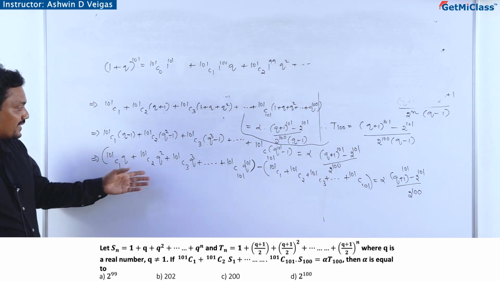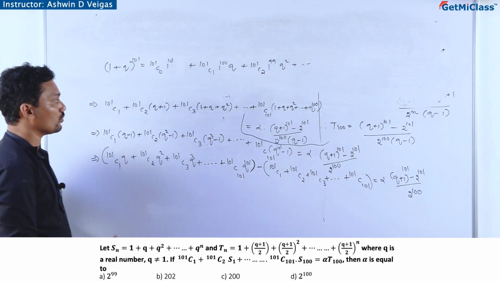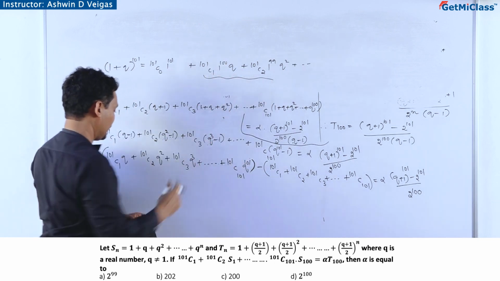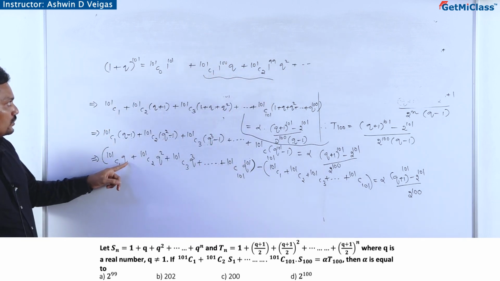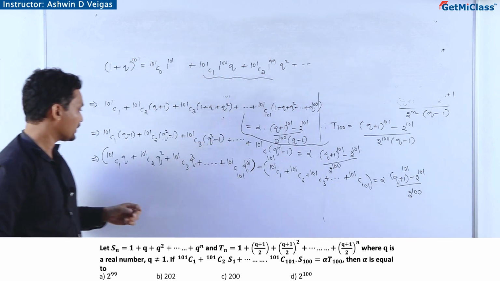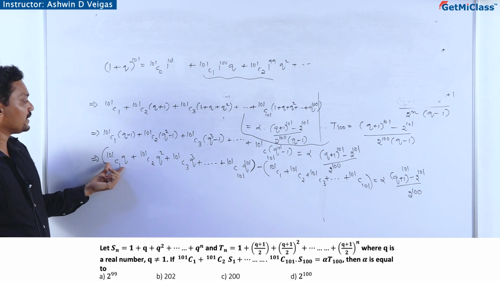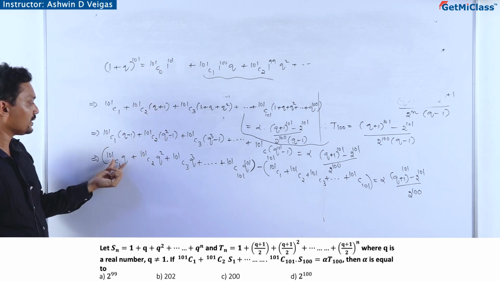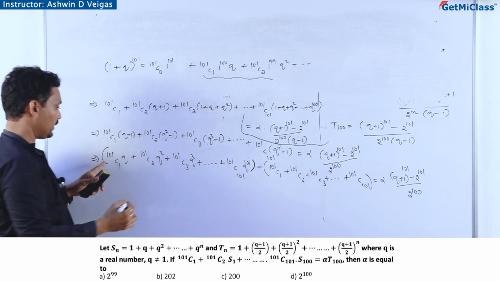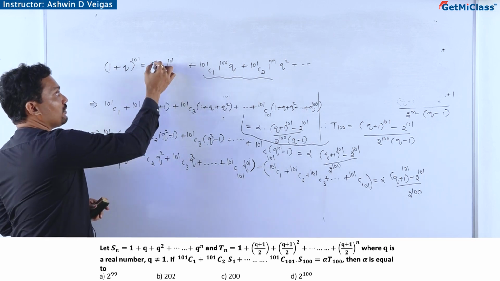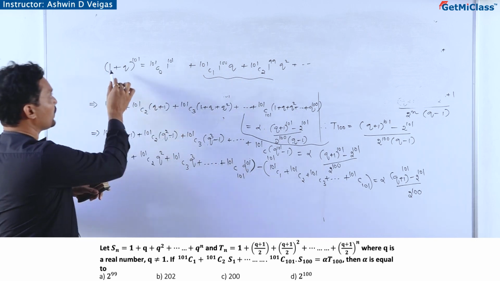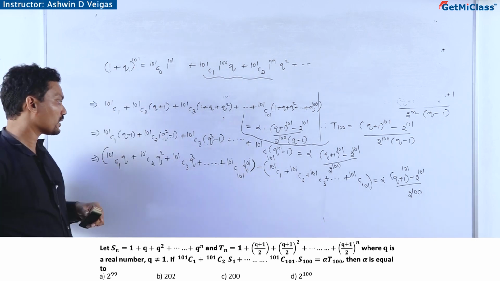Now if you check this expansion with what we have here, we have 101C1 q plus 101C2 q square, so we have the expansion like this, whereas this term is missing. Actually, 101C0 is missing. If 101C0 was not missing, the whole expansion could have been written as 1 plus q power 101.